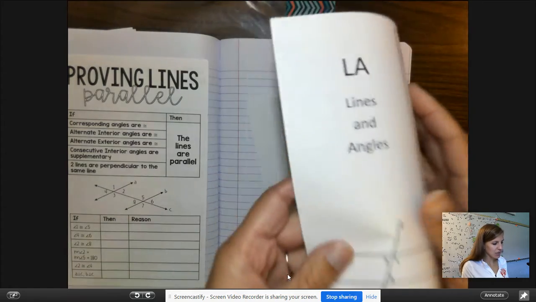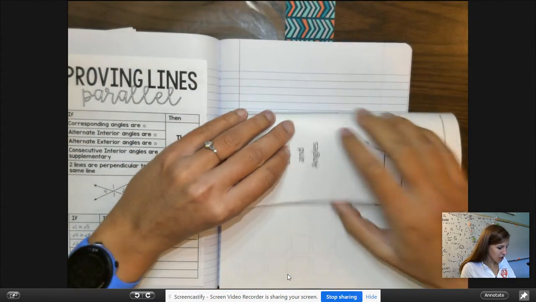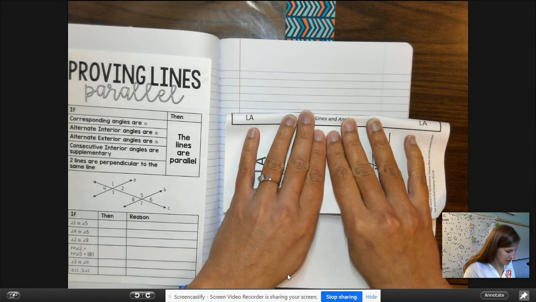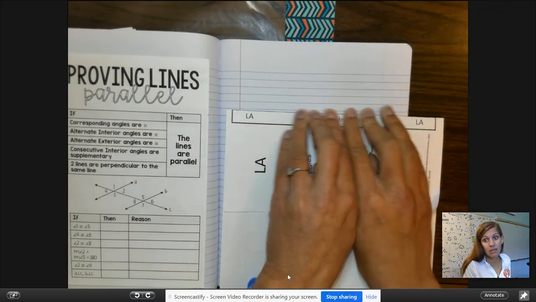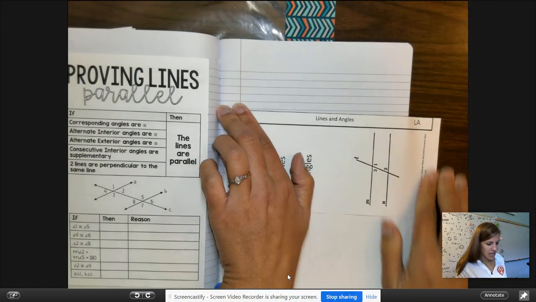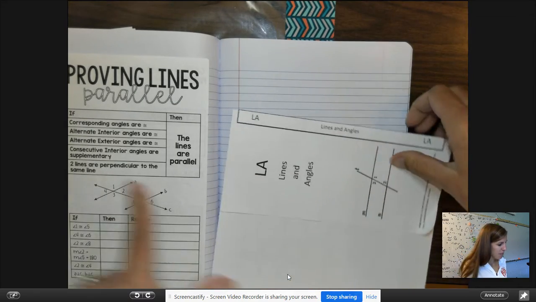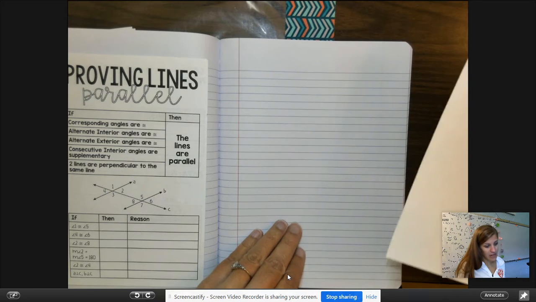Normally I do lines and angles second because, chapter 1, where we were doing all this introductory stuff to geometry, we were talking about lines, line segments, and angles. So for me, it always just made sense to go to this topic next. But again, to be on the same page as everybody else, they normally do proofs after that.